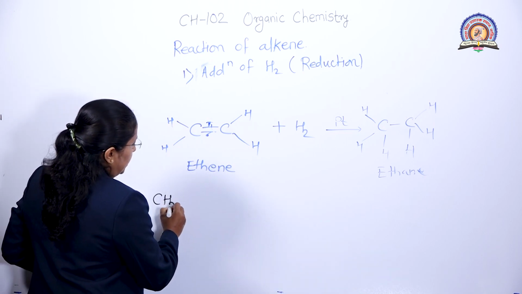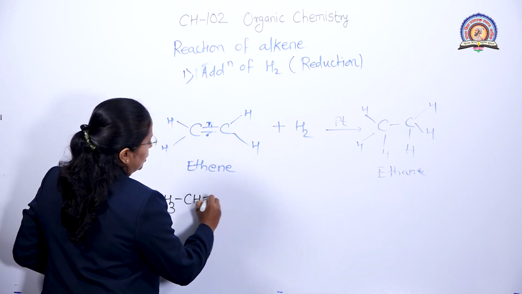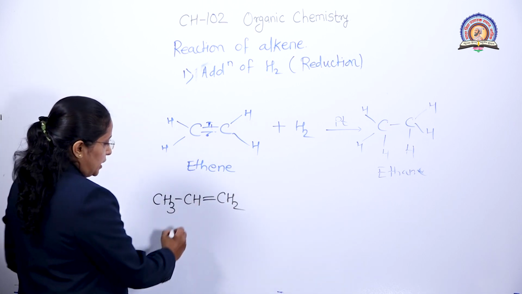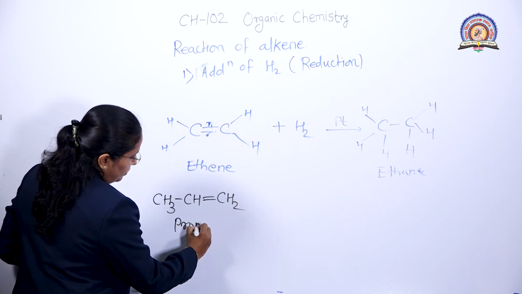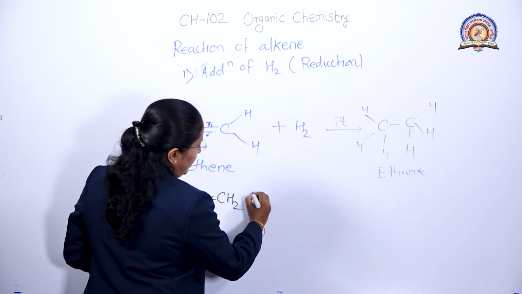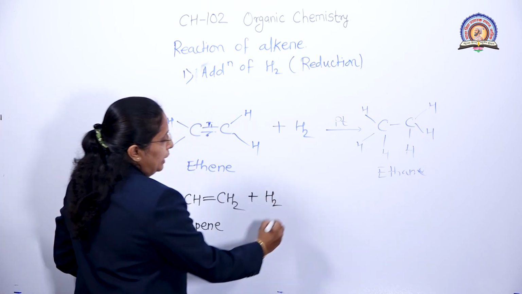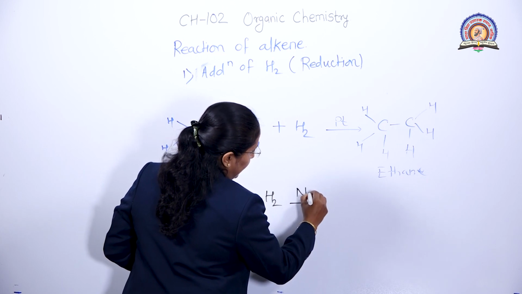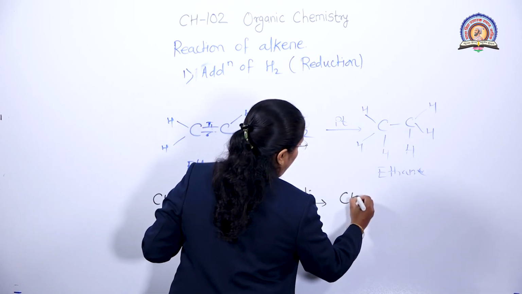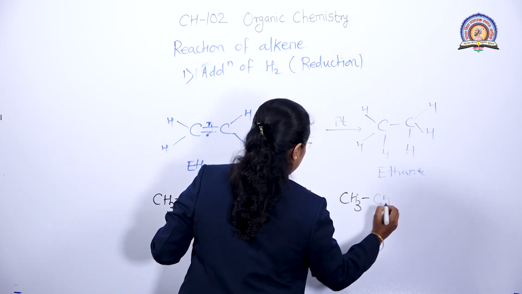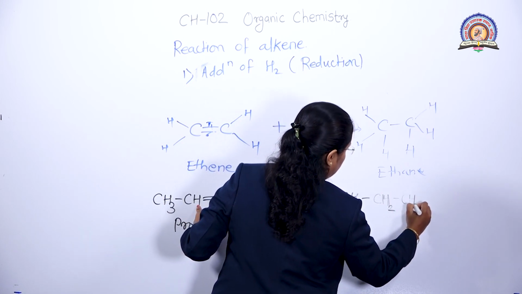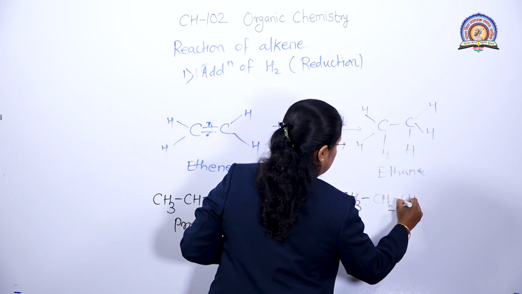Suppose we take CH3, CH double bond CH2. What is the name of this compound? It contains 3 carbons, that's why the name is propene. In that we add hydrogen in presence of nickel as a catalyst, and then we get the product CH3, CH2, CH3.